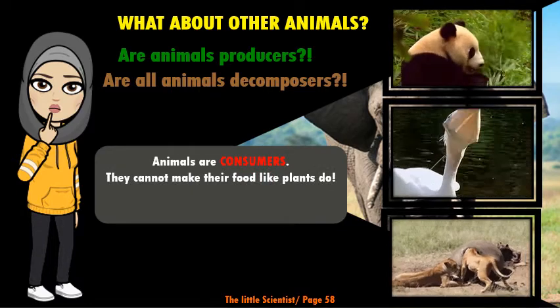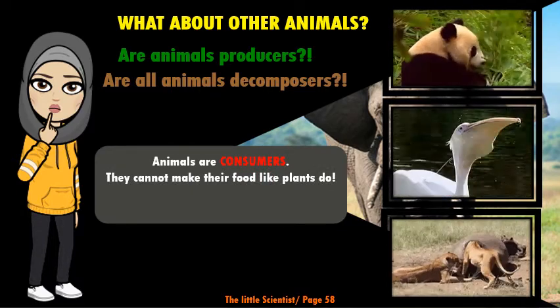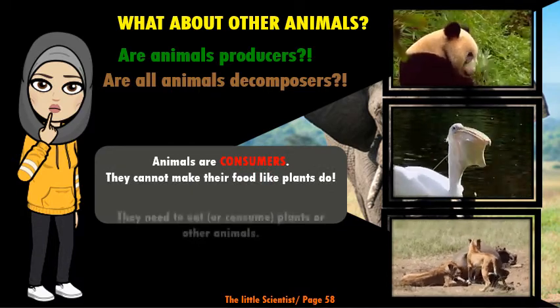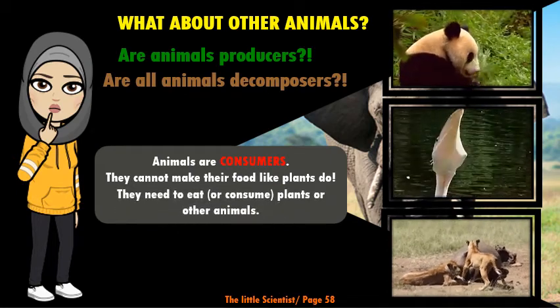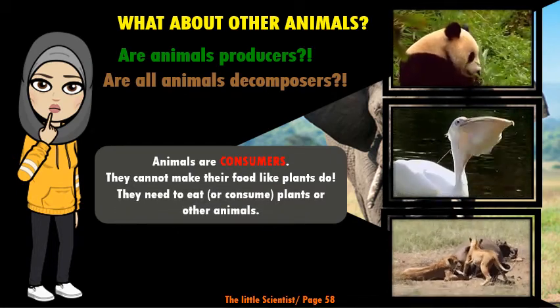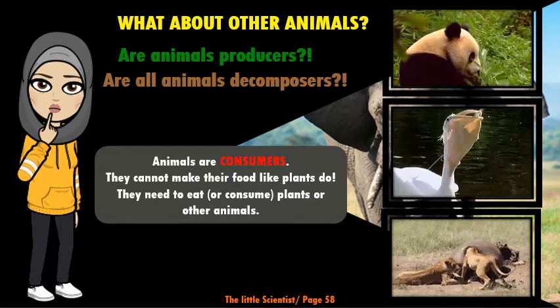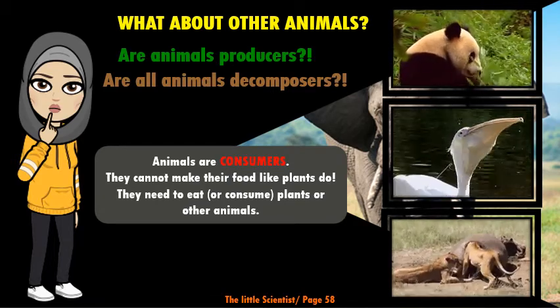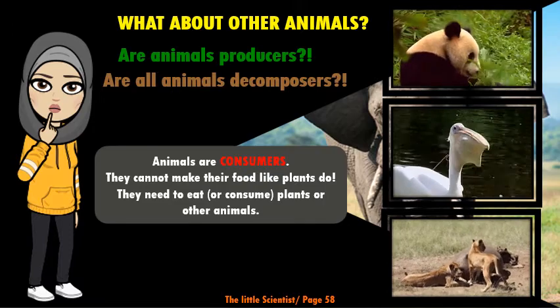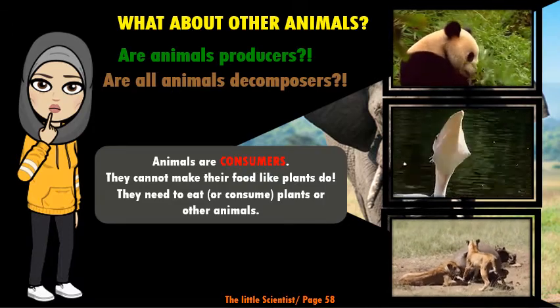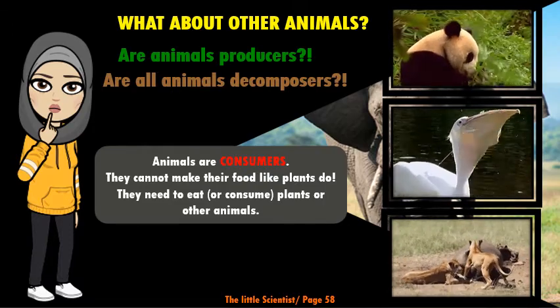So consumers aren't producers, they do not produce their food, they do not decompose dead bodies, they eat or consume plants or animals. So consumers are called consumers since they eat other organisms.